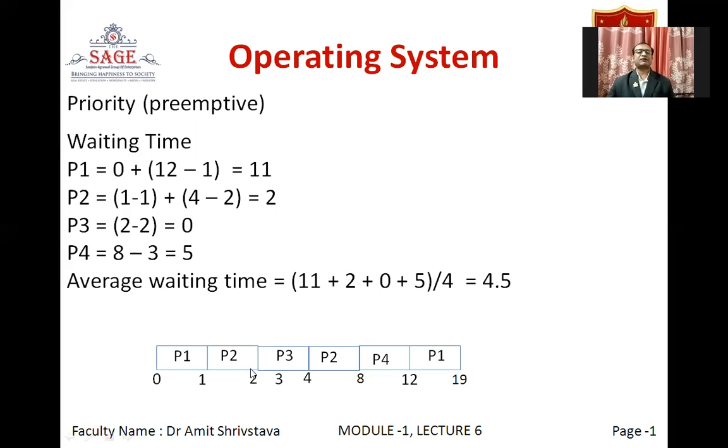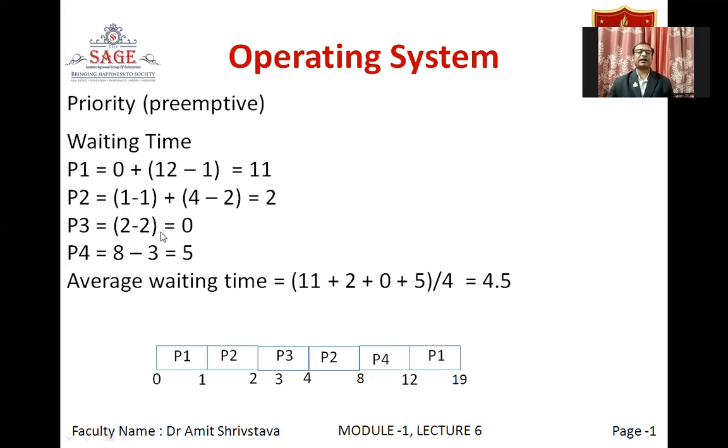Now P3 has arrived after 2 unit time interval, and we have allocated the CPU after 2 unit time interval. So here the waiting time is 0. But P3 total CPU burst is that of 2 units only, and this is the highest priority number. So we have continued the process P3 till its CPU burst is completed. So no further reallocation was done.